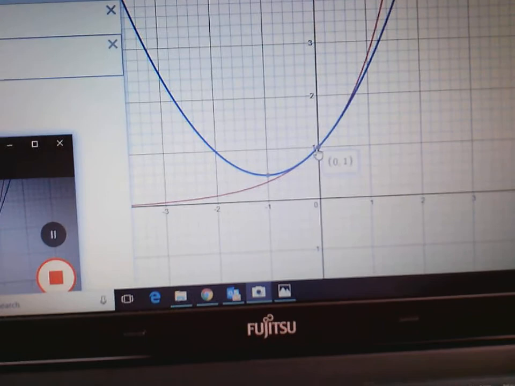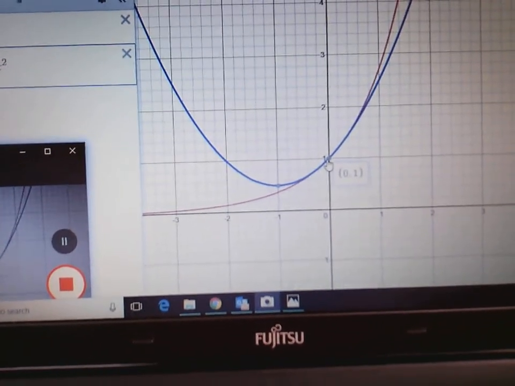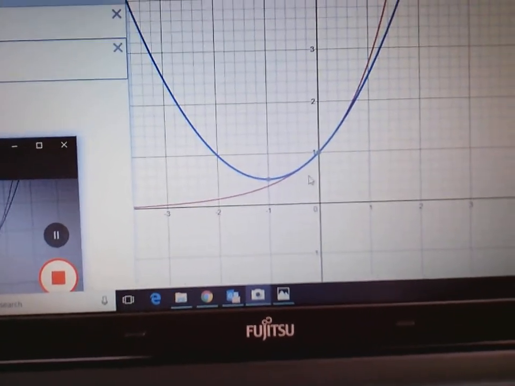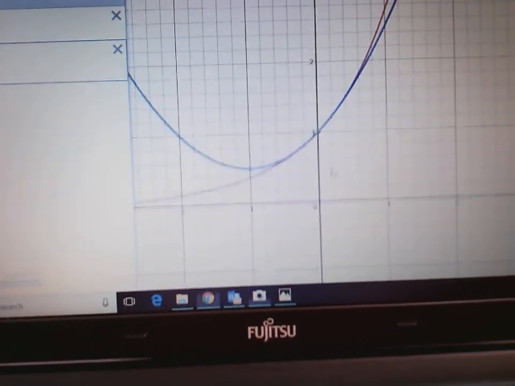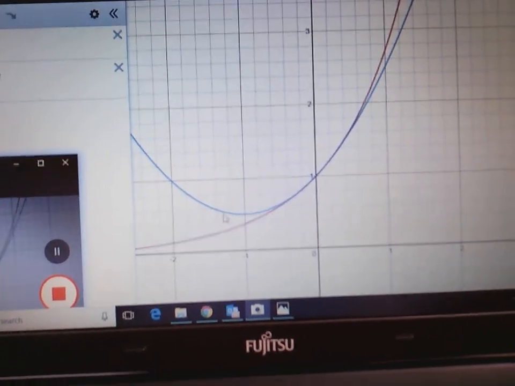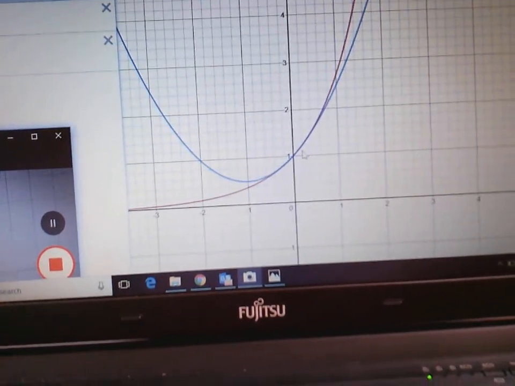The second derivative matches. So the original function, the first derivative, and the second derivative all match at 0. As you start getting further away from 0, there starts to be a big gap between them. But when you're near 0, oh, it's really, really good.